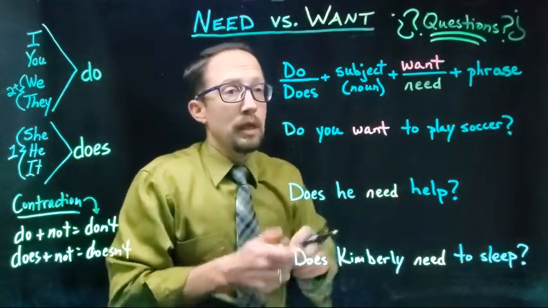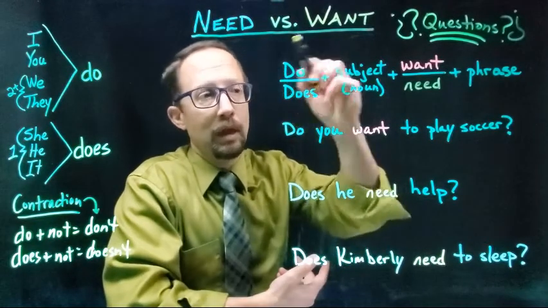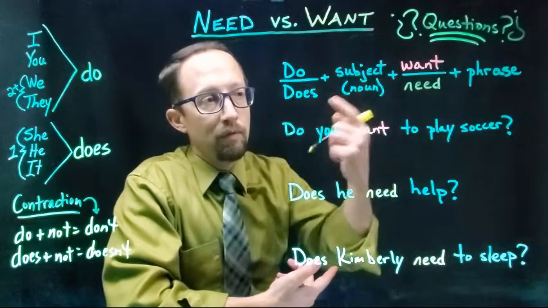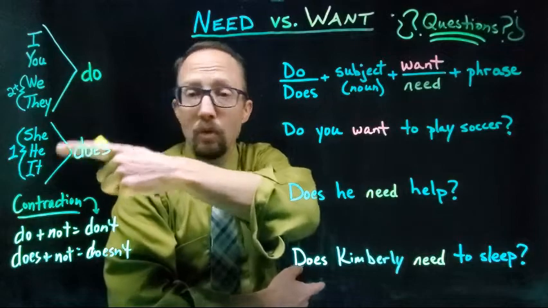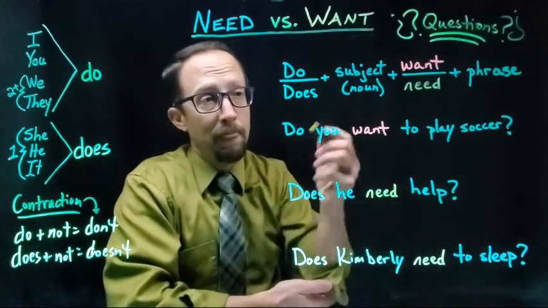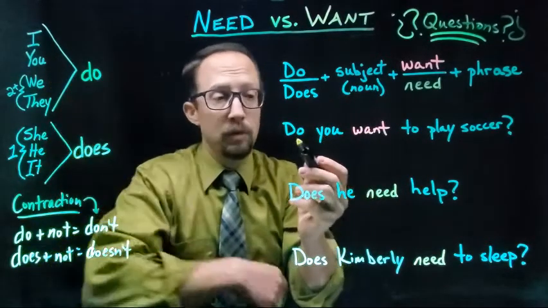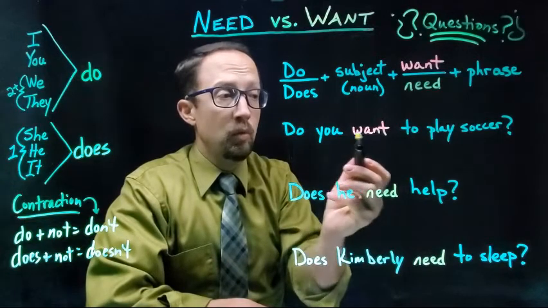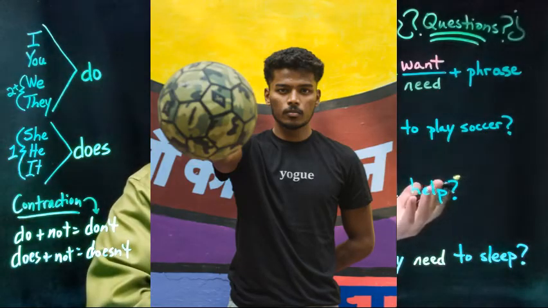So let's look at how you ask a question with need and want. First, you have to look at the subject. Is it two or more things or people? Maybe it's just one. So in the case of you would use, do you want to play soccer? Do you want to play soccer?